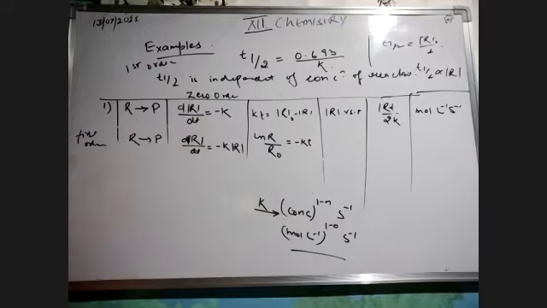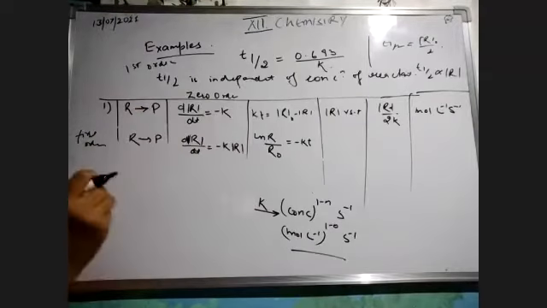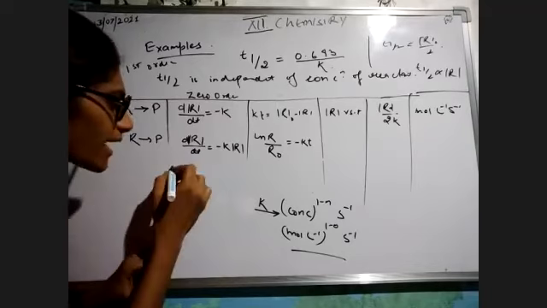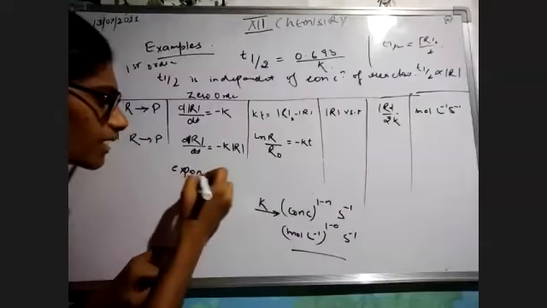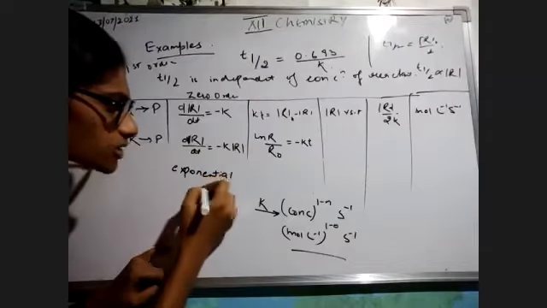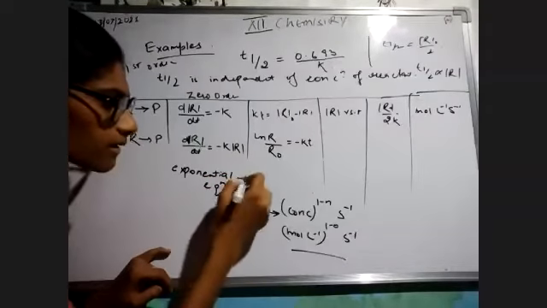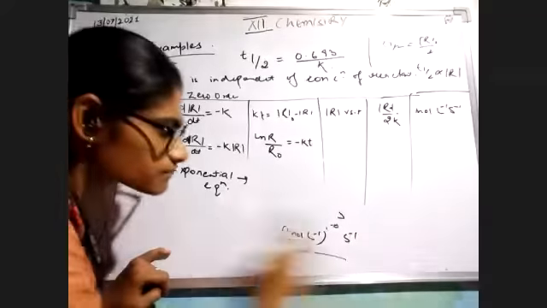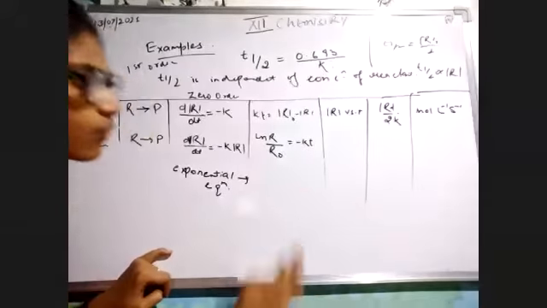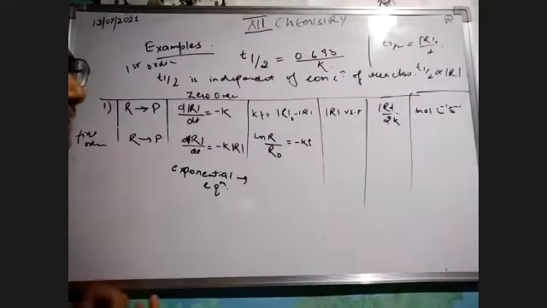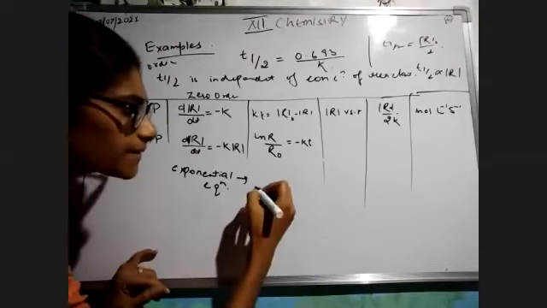Okay. But the point of interest for me right now is that I haven't told you about the exponential equation. For the first order kinetics, we have another term, the exponential equation, which tells us: whenever I multiply both sides with e, that is exponential, what would happen?